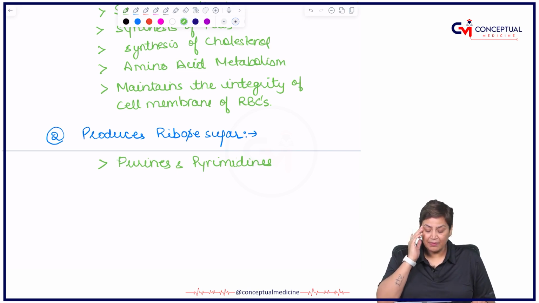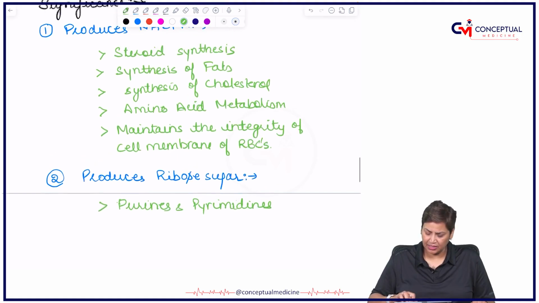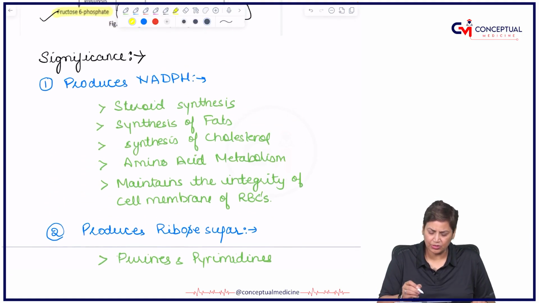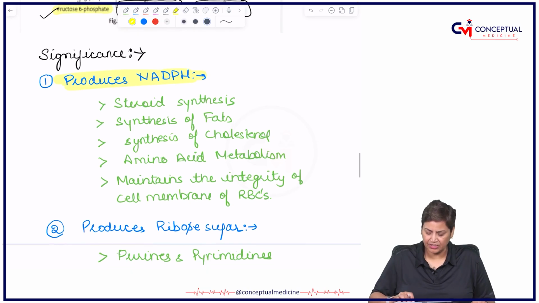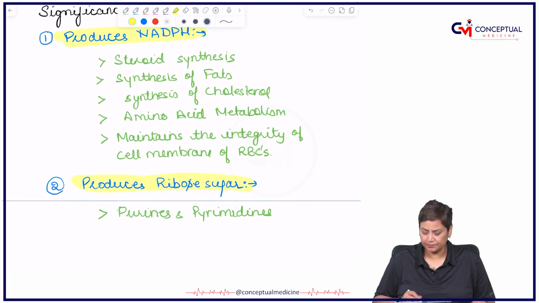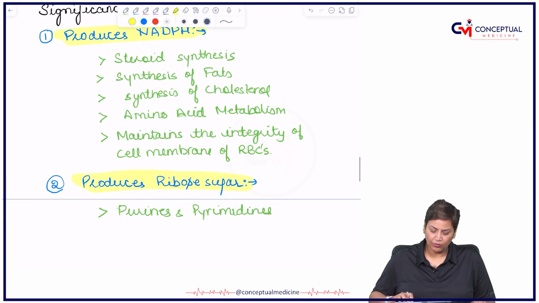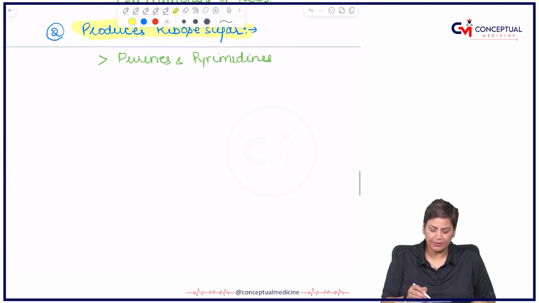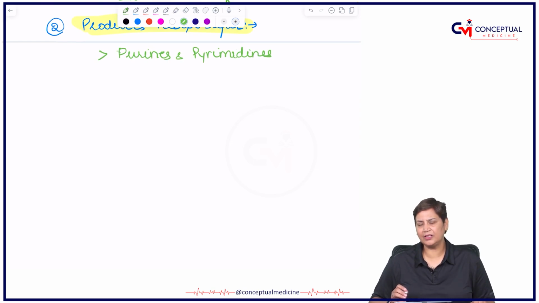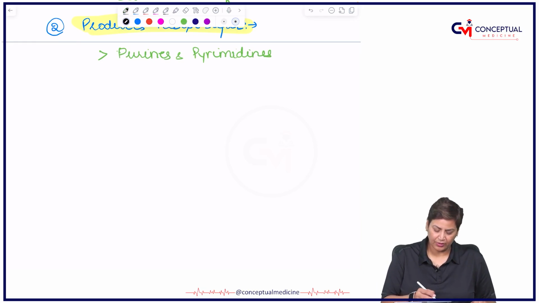Just imagine, this is the most important feature of the HMP shunt, and that is why it is operative in the body, because this is the only pathway which can produce NADPH and which can generate ribose sugar. Right? So this is the significance. Then the second point about this HMP shunt is what role it plays in maintaining the integrity of RBCs. So the next topic is the role in RBCs, which is actually very important.